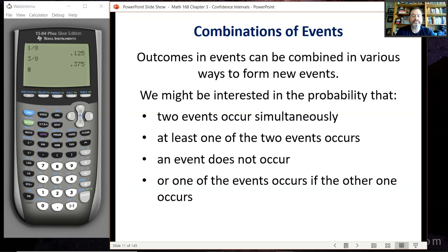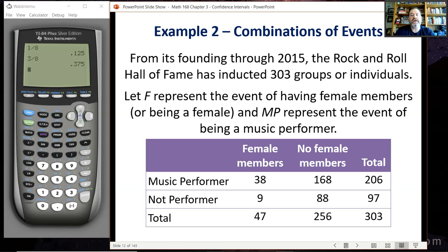So the first thing we're going to look at is this example about the Rock and Roll Hall of Fame. So this data is current up to 2015. I have not yet updated it, sorry, but this is the same data the homework uses, so I haven't messed with it. So up to 2015, the Rock and Roll Hall of Fame has inducted 303 groups or individuals. So what we're going to do is name events.